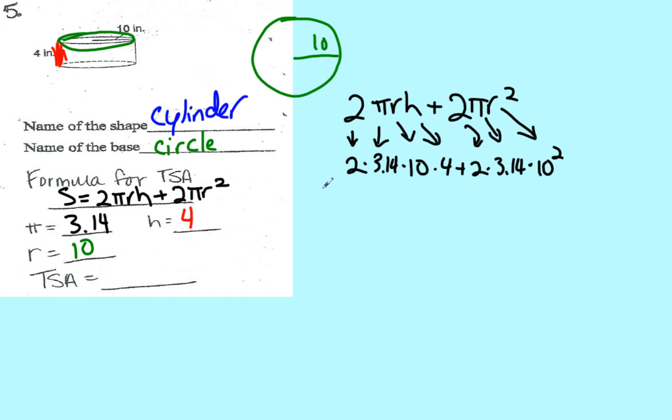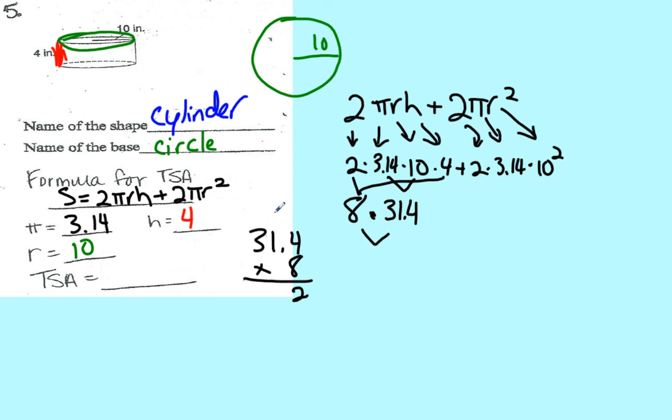So let's see, how do we want to multiply this? Let's do 2 times 4. I know what that is. That's 8. I can do 3.14 times 10. I just have to move the decimal one place. That's 31.4. Okay. This we actually have to do 31.4 times 8.